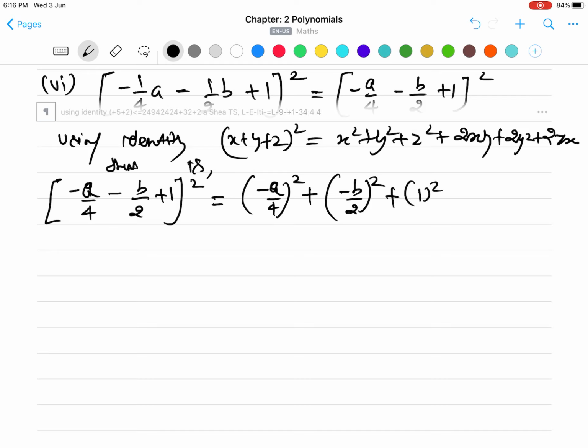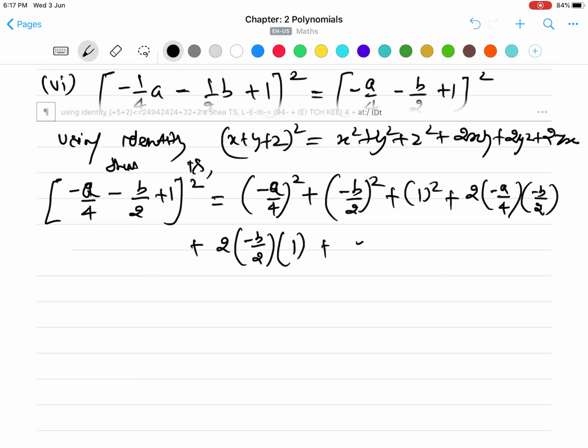Then z square, that is 1 square. Then we have plus 2xy, x is -a/4, y is -b/2. Then plus twice of yz, y is -b/2, z is 1. Then we have 2zx, z is again 1 and x is -a/4.